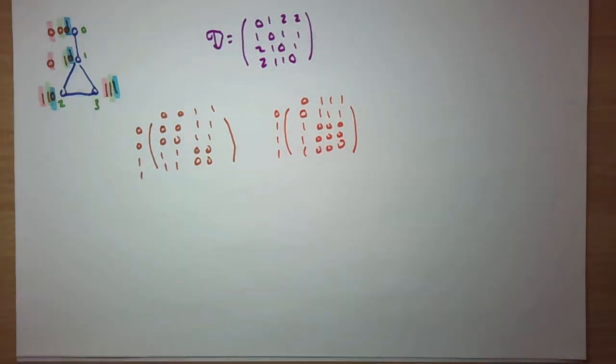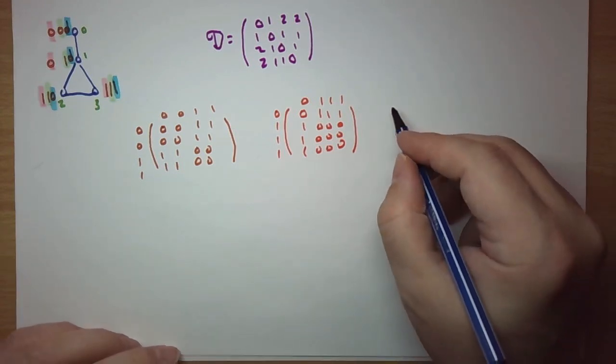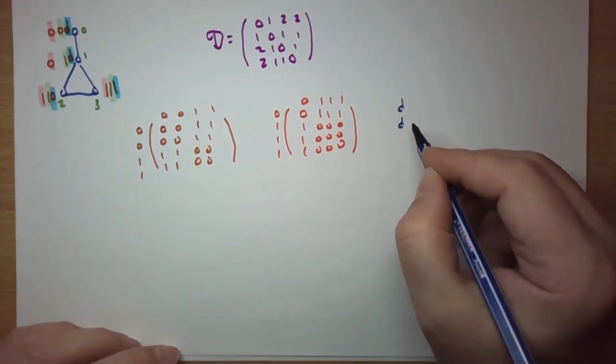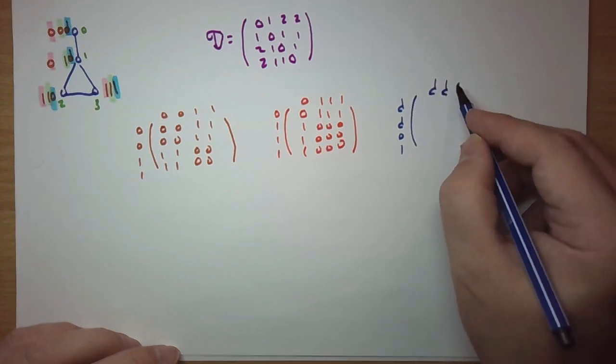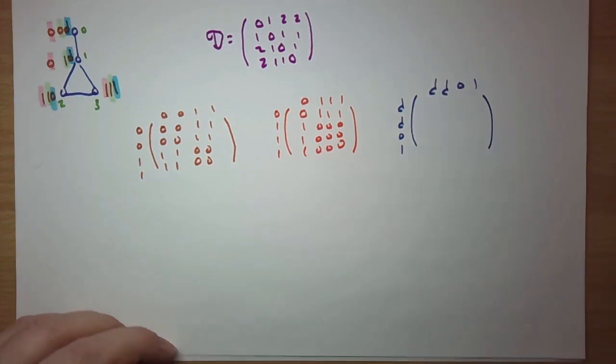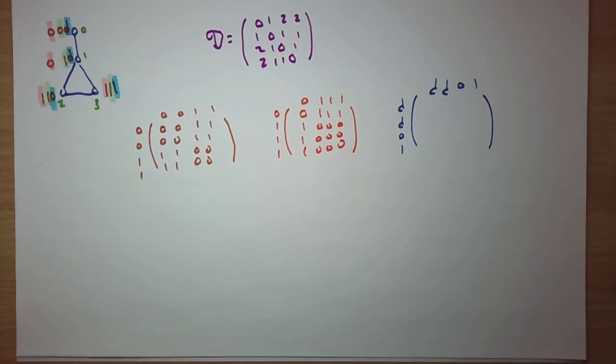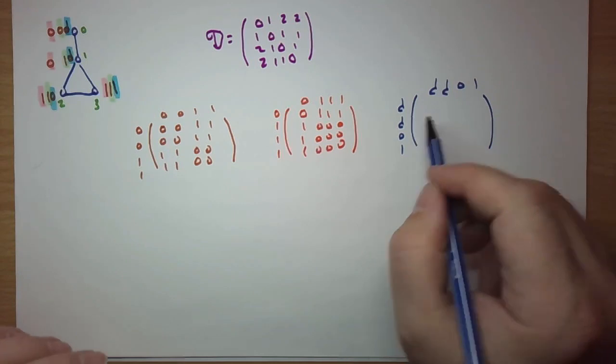Okay, our third entry. Now we're going to make our third matrix. And our coordinates are D, D, 0, 1. D, D, 0, 1. All right, so this is the first time we actually have some D's involved. So what's the first row?